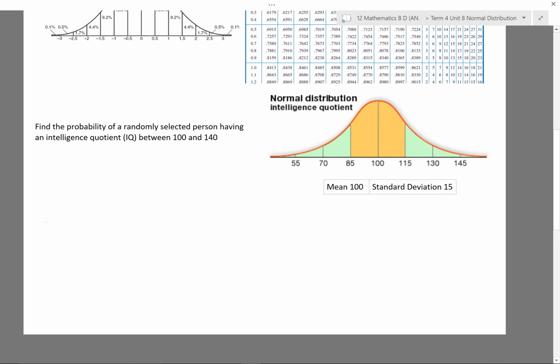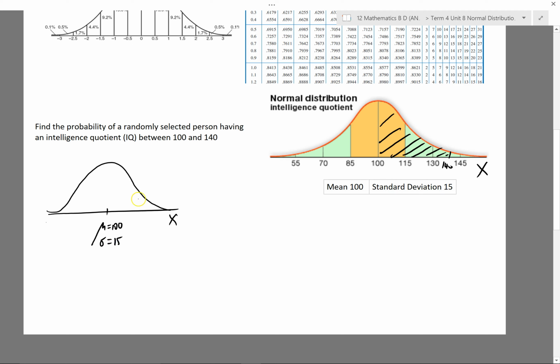Let's have a go at a problem. I've got an IQ problem. Find the probability a randomly selected person has an IQ between 100 and 140. So 140 is out here somewhere, and I'm trying to find this shaded area. Since I won't always have that diagram, I'll draw my own little diagram. Remember, the mean is 100, the standard deviation is 15.